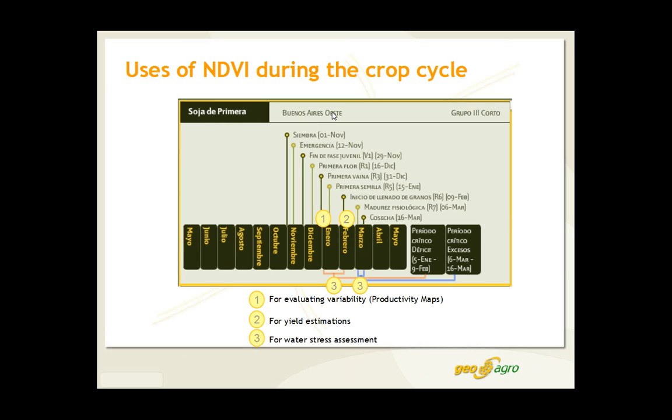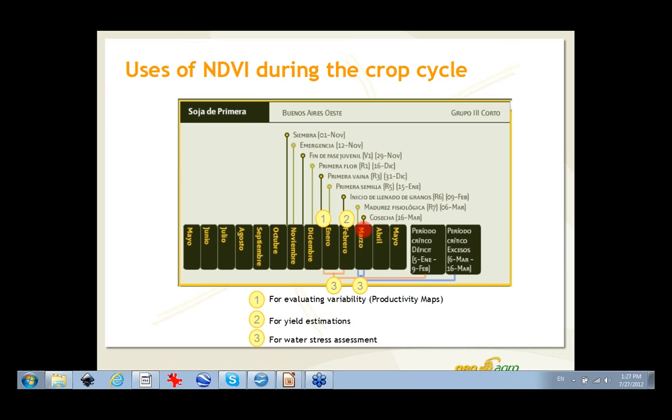This is soybean in the west of Buenos Aires. We have a cycle that goes from November until March, and the consultants are using GeoAgro services and NDVI, number one, for evaluating variability at this stage here, the R3 stage, just before the end of the juvenile phase, just afterwards.